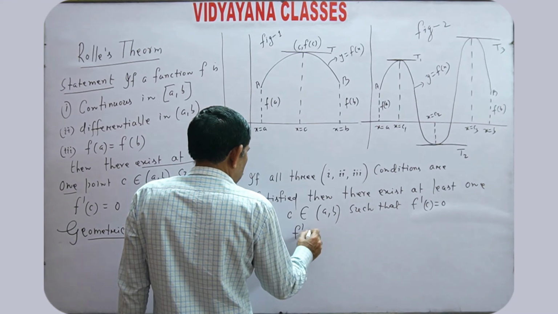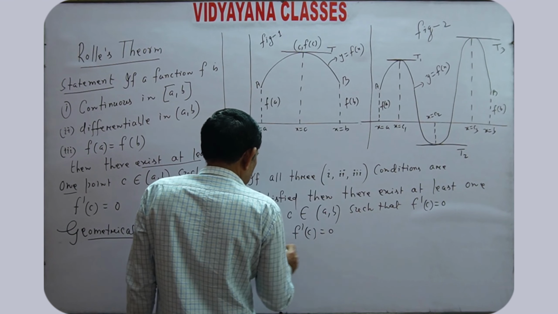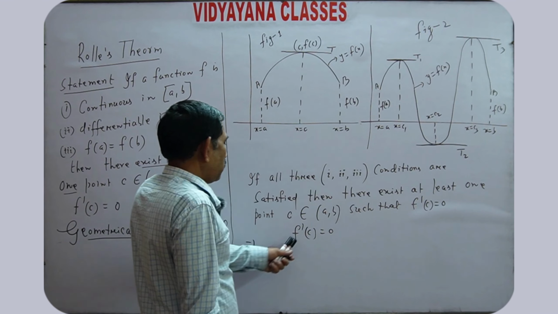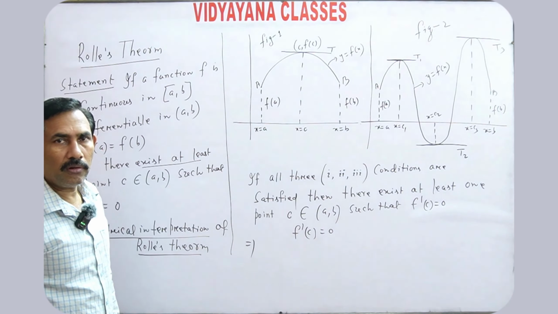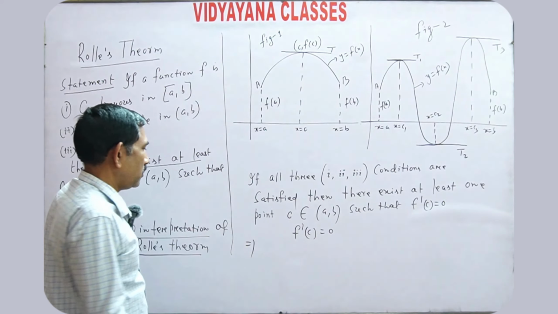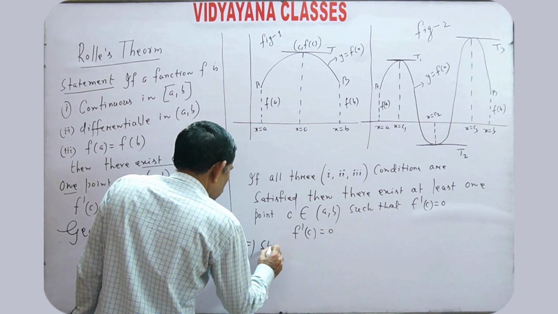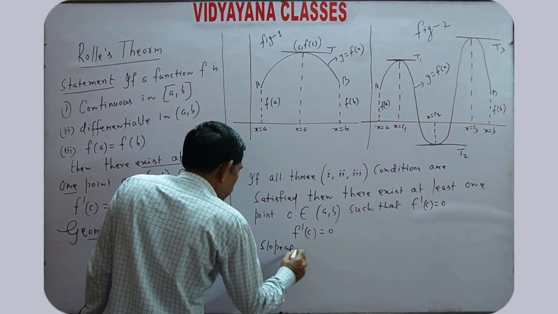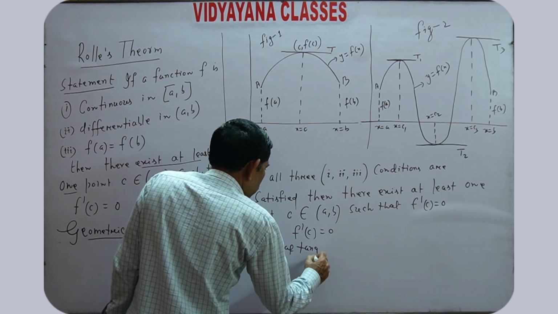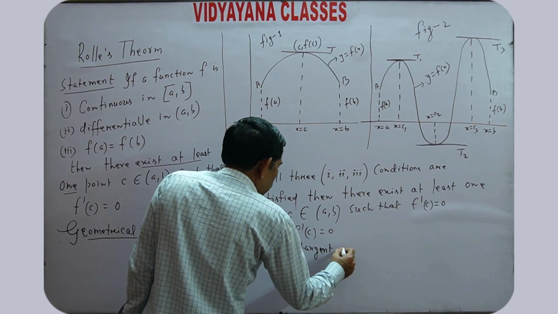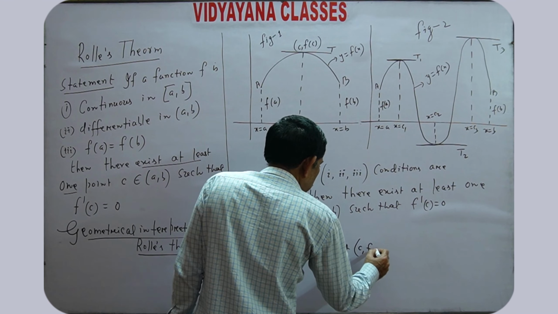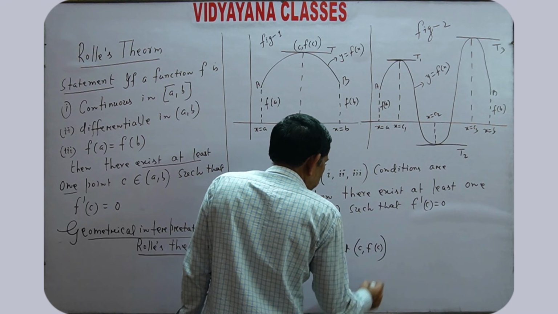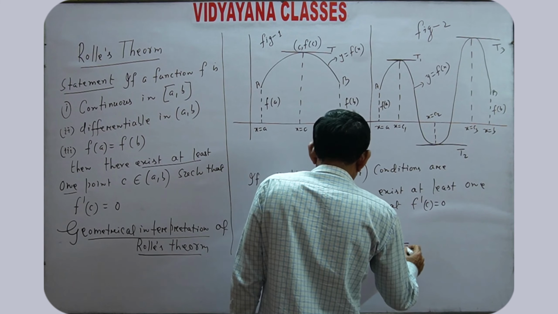F dash c equal to 0 implies this. What is the meaning of f dash c? Slope of the tangent to the curve at x equal to c. Slope of tangent at (c, f(c)) is equal to 0.